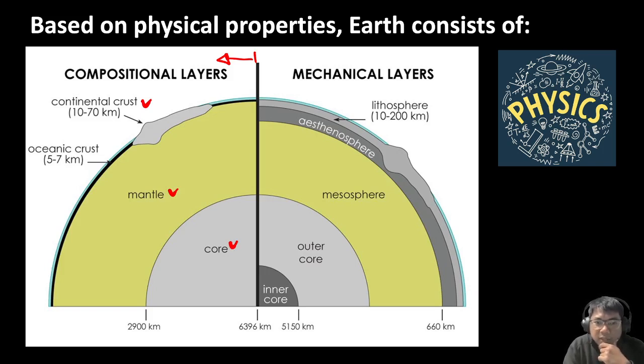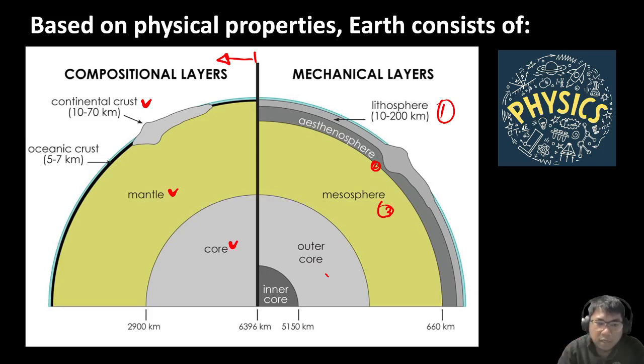For mechanical layers, based on physical properties, it's also very simple actually. We would have the lithosphere, the asthenosphere, the mesosphere, and the outer and the inner core. We're going to take a look at each of them in the next few slides.